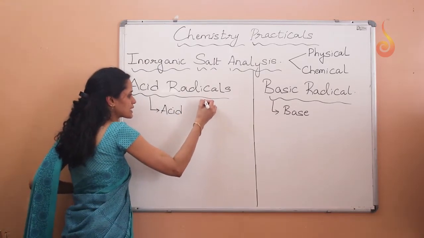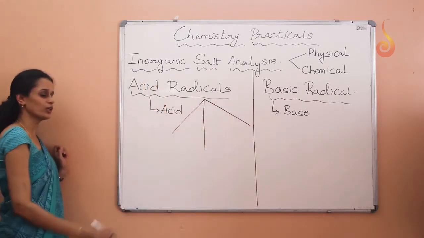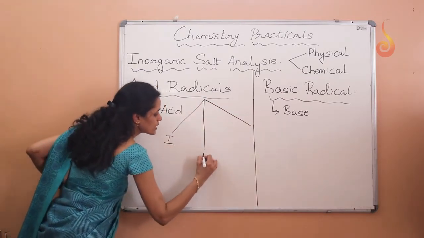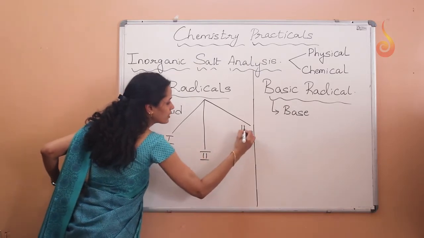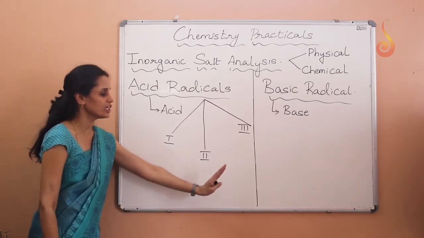Now these acid radicals are differentiated into 3 groups: first group, second group and third group. What are the radicals coming under each group?